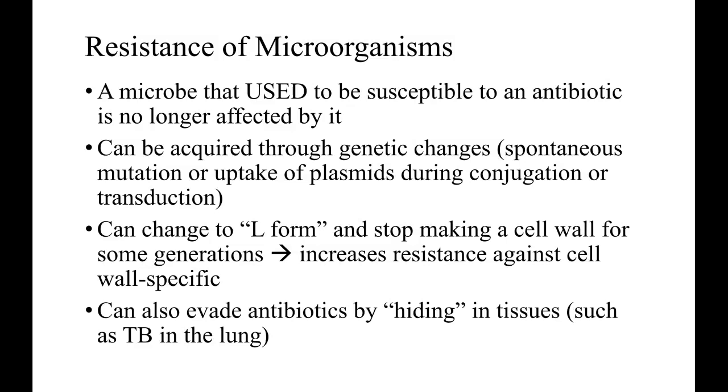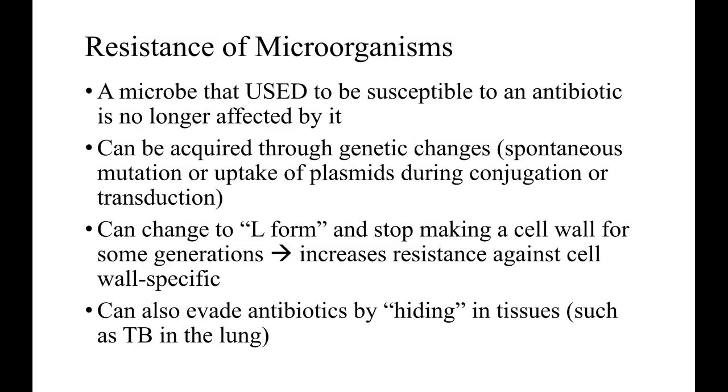So, we talked about transformation and we talked about conjugation. So we know that genetic changes can occur by those bacteria acquiring those genes. So they can acquire resistance genes. So this allows resistance to antibiotics to spread through populations rather quickly.